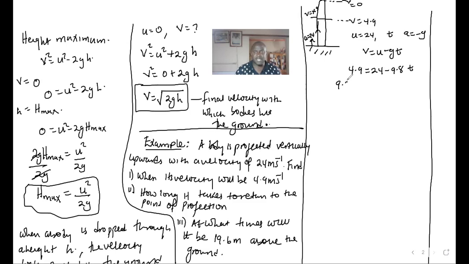So 9.8 times time will give us 24 minus 4.9. Therefore, the time will be 24 minus 4.9 divided by 9.8. So with this, we can make t the subject and then compute and get the answer. So what is the value of t?